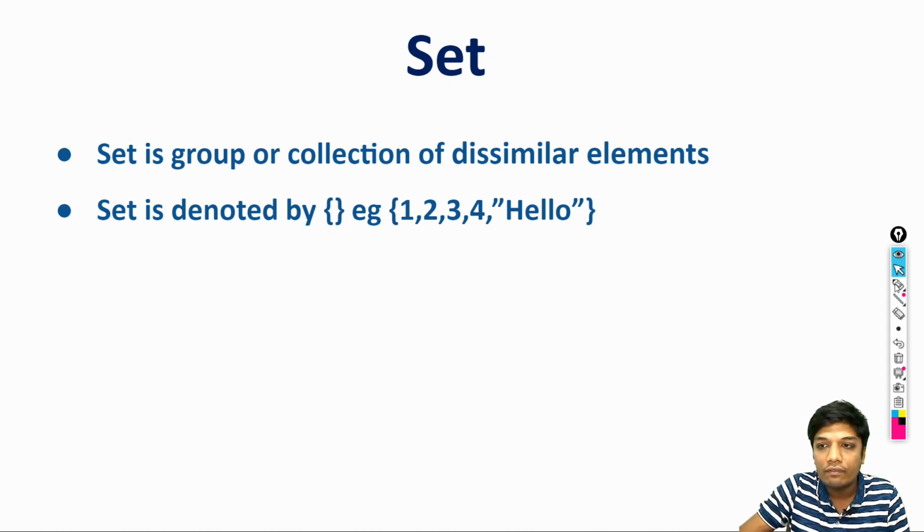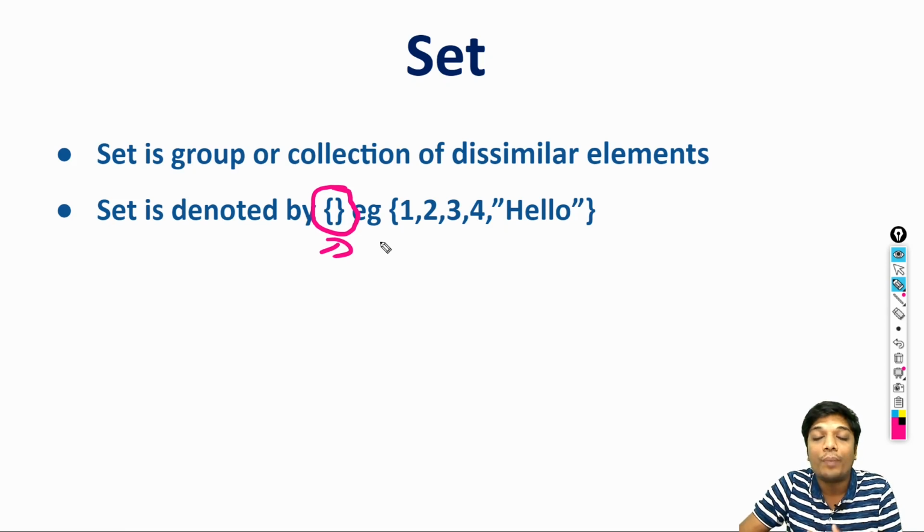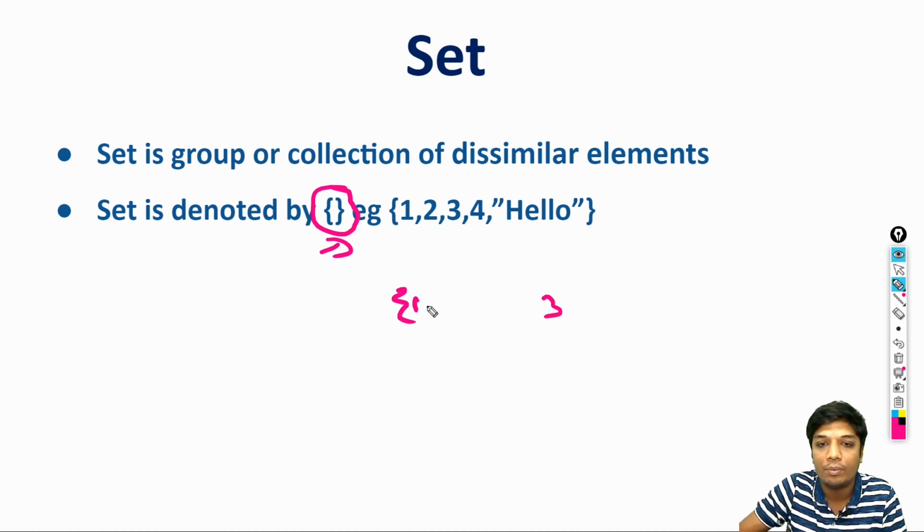So you may have a doubt now. Already we have a dictionary, which is denoted in this same way. But how does Python differentiate a set from a dictionary? It's very simple. In a dictionary, it's a key-value pair, so we would have a key and a value. But in a set, we have a group of elements: the first element, second element, third element.